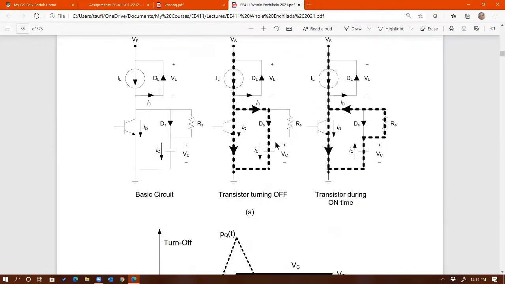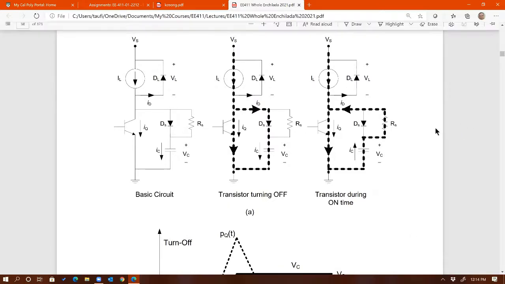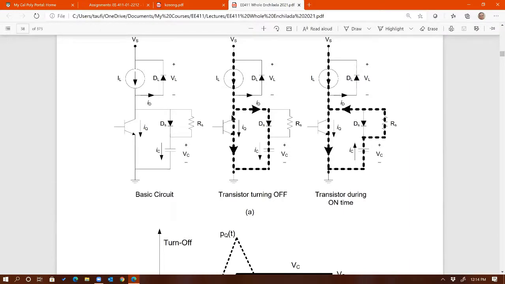And by having an additional path for the current when the switch turns off, that would provide minimum overlapping between voltage across the switch as well as current through the switch.